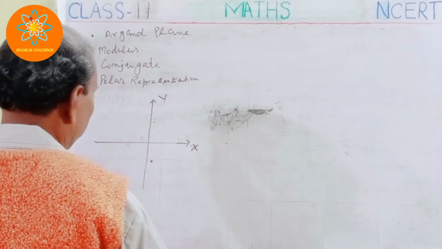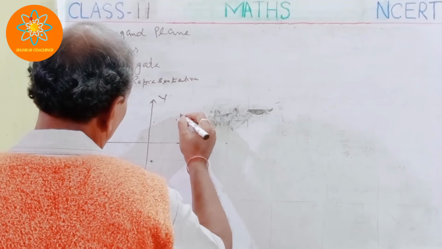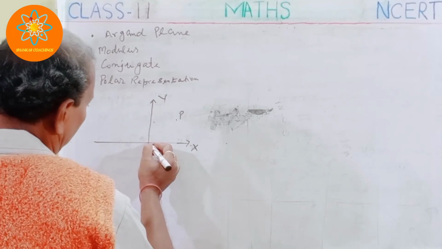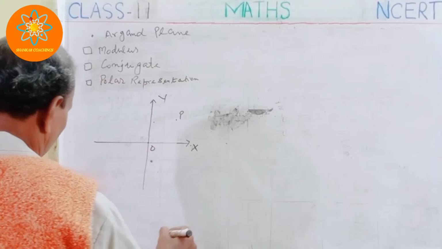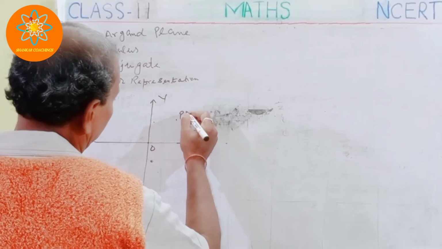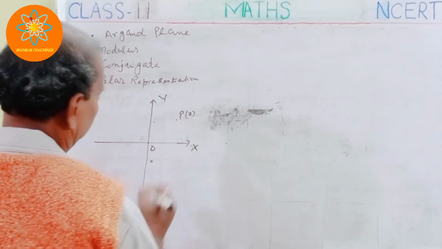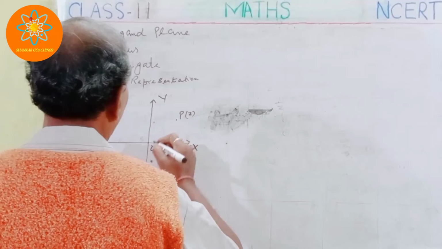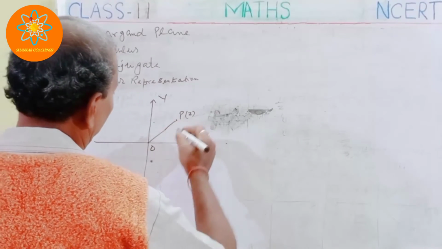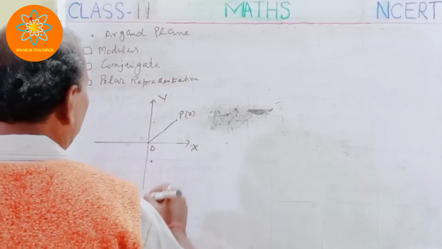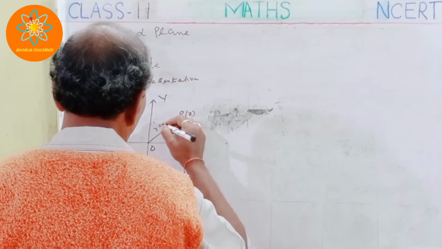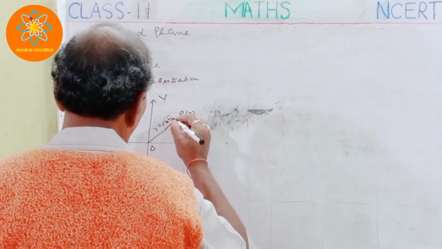Let's suppose P is any point, and the origin is O. Now this point P, I can represent as a function of z. So this O to P is represented by R, and the value of this R is equal to under root x square plus y square.